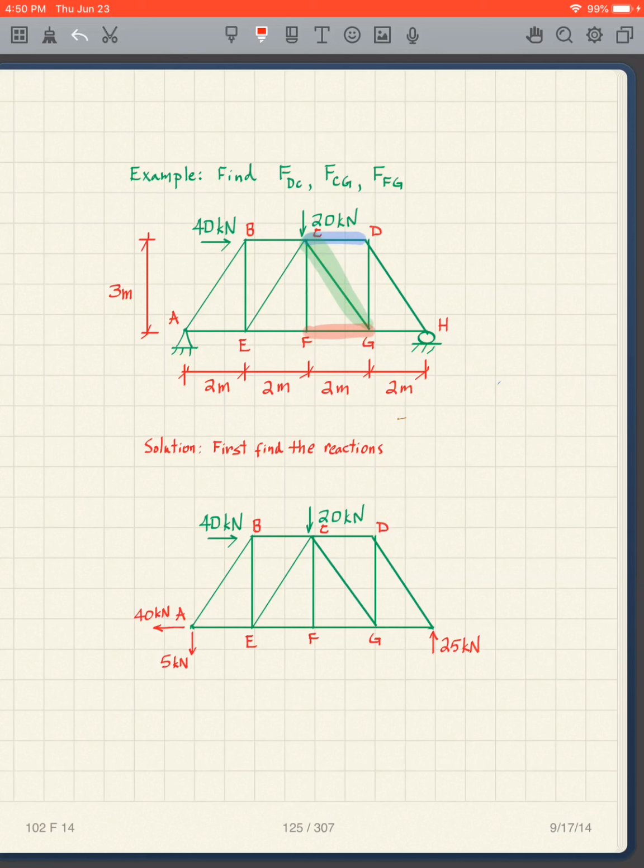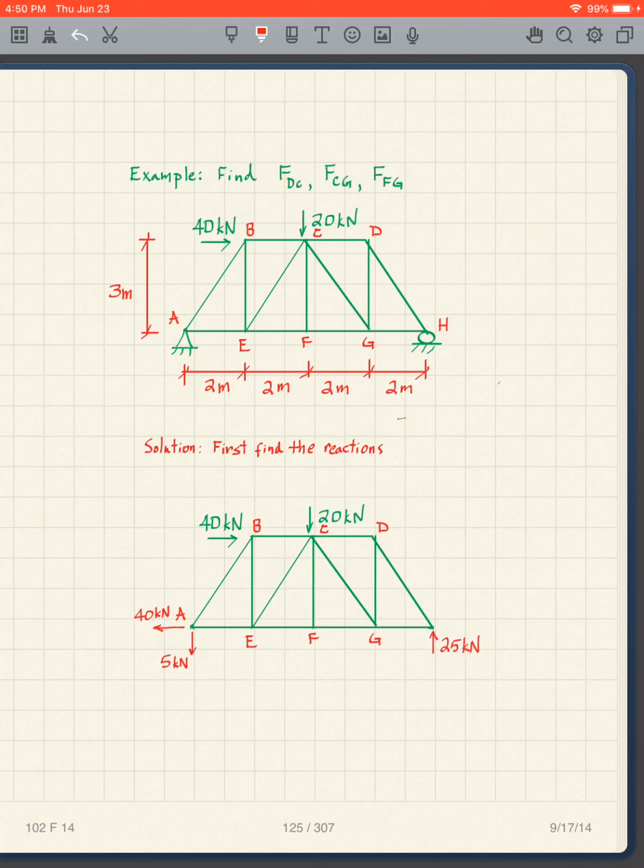The first thing we have to recognize is that if I want to find any of these member forces, I must make an imaginary cut through those members. I can't find the answer if I don't cut them. If I don't cut those members, it's impossible to find the forces in those members. So in my analysis, at one point, I have to cut those members.